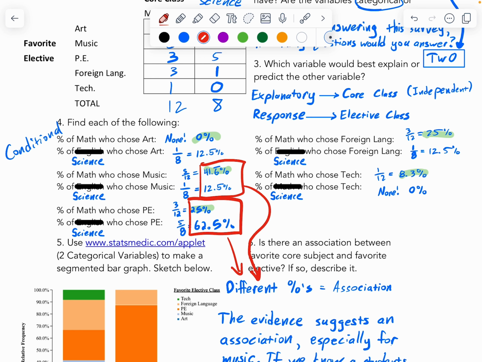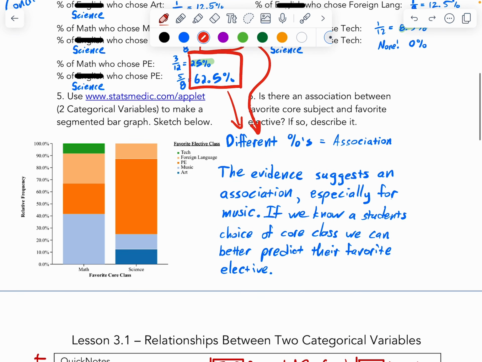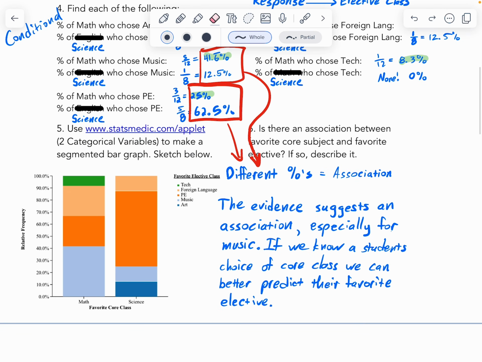So different percents suggest there is an association, okay? Especially for music is what I put. Well, actually, I should say especially for PE. PE is the biggest. So if we know a student's choice of core class, we can better predict their favorite elective.